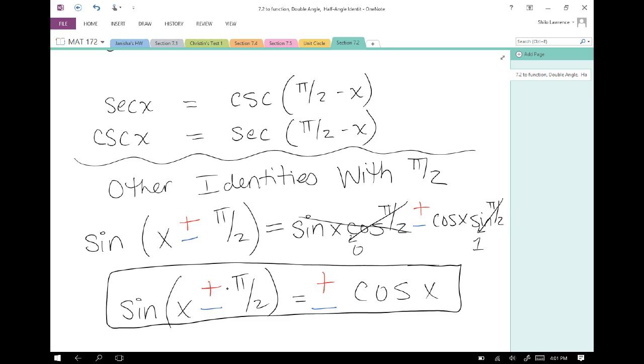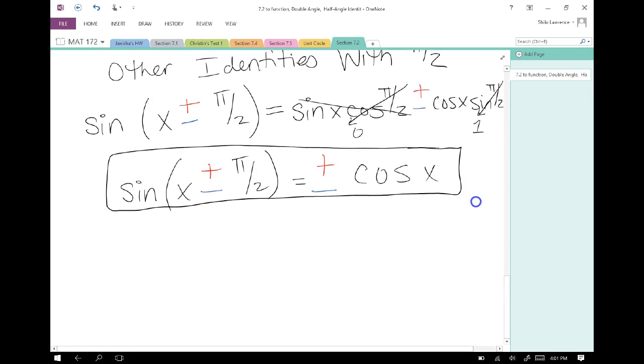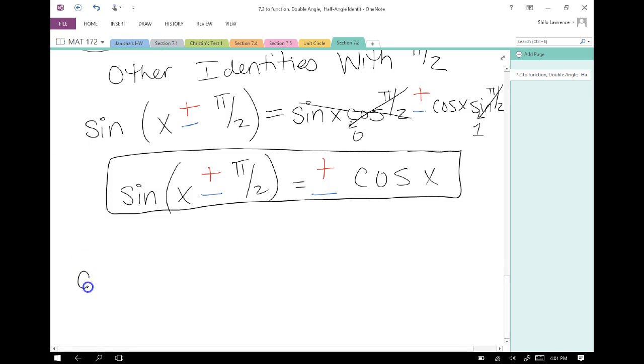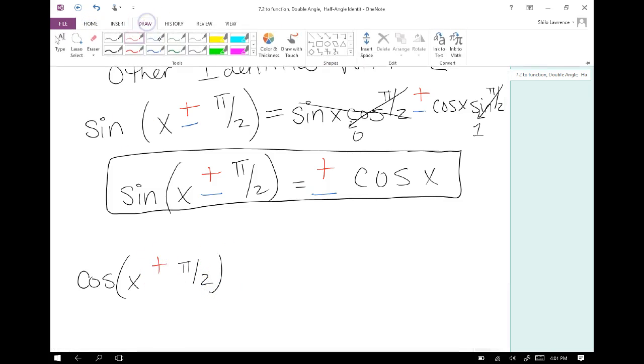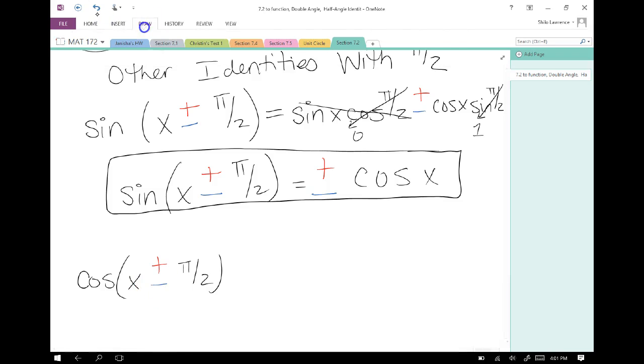And I'm going to do the exact same thing for cosine of x plus or minus pi over 2. I'm just going to expand this using my sum and difference formula. Now the formula for sum and difference on cosine is completely different.